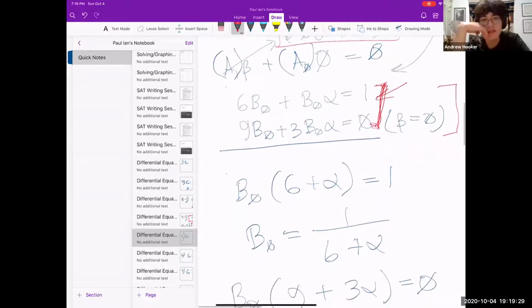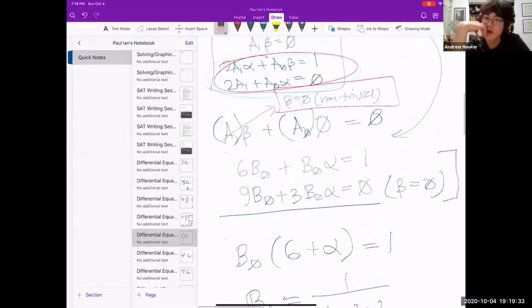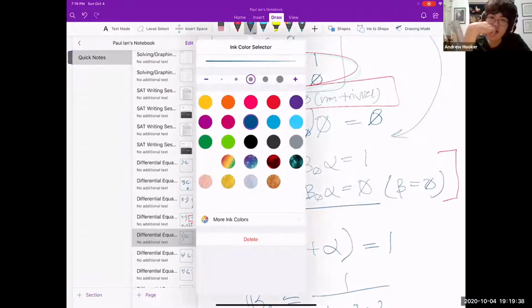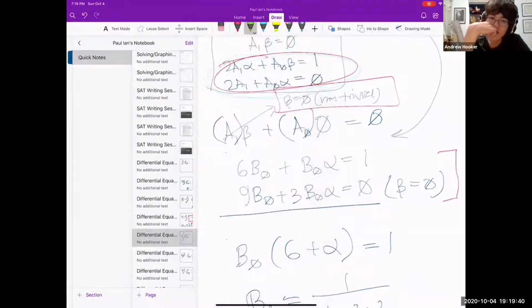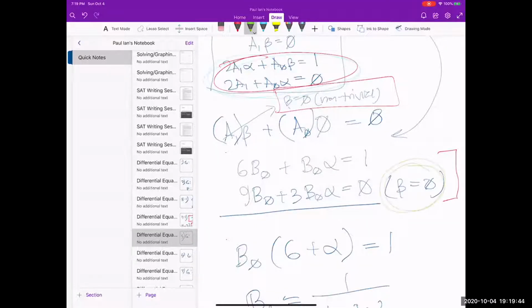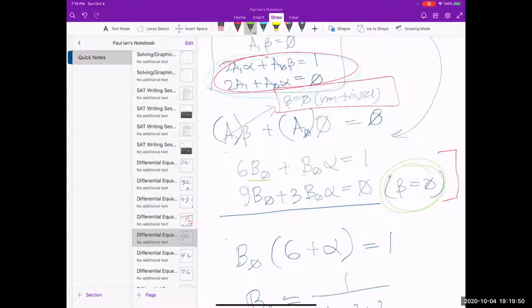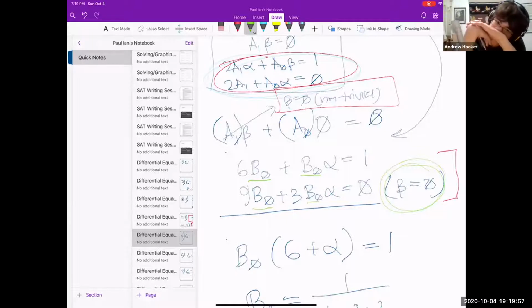You replaced beta with alpha, or you replaced alpha with beta? No, beta is 0. So beta's still 0. These are all B's, these are not betas. These are B's. B0.